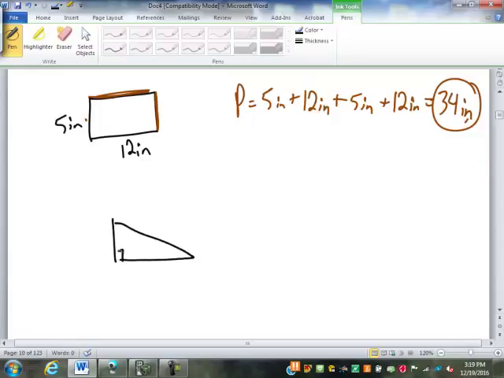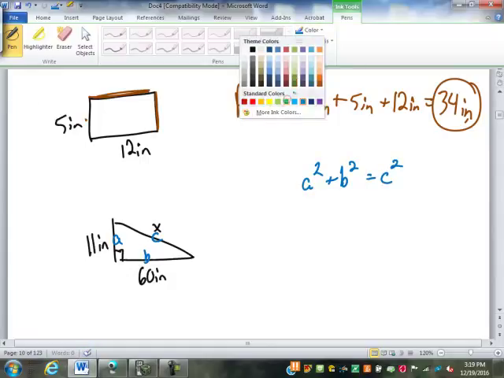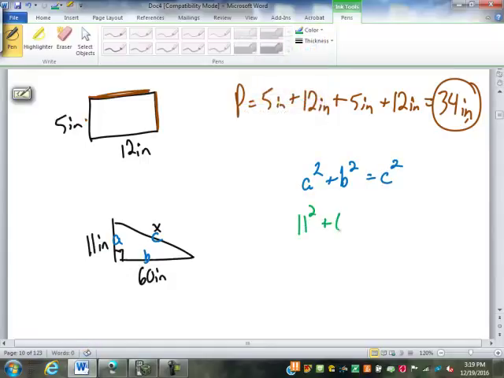So to find the perimeter of this triangle, I need to know that side, don't I? Well, to find that side, those are A and B. This is going to be C. So 11 squared plus 60 squared equals C squared. 11 squared is 121. 60 squared is 3,600.